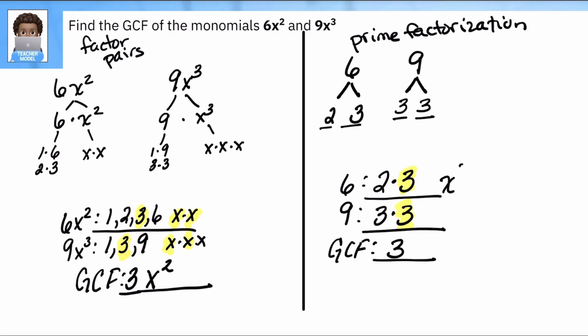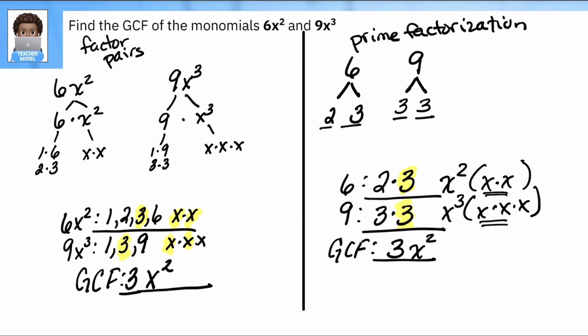And the same thing for these two, you can look to see what they would have in common. They would both have x squared in common. And a lot of kids end up just doing the mental math where they can just see it's the same x, so they're going to have these two in common.